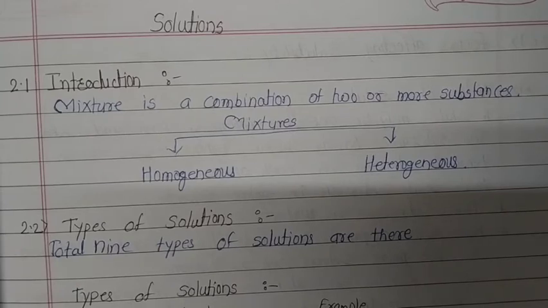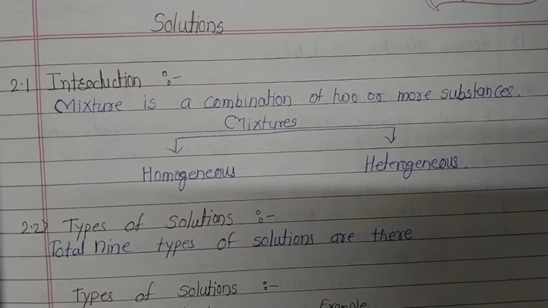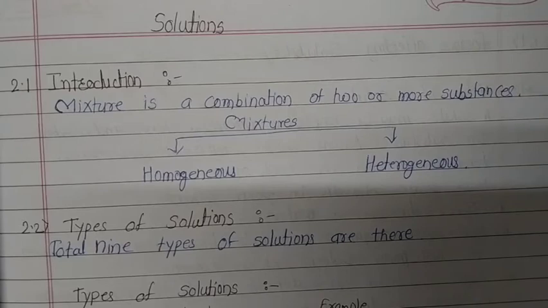Now the example is an aqueous solution of sugar. Here water is the solvent, which is used in the larger proportion, and sugar is the solute, which is used in the smaller proportion. Now the second definition is solute.